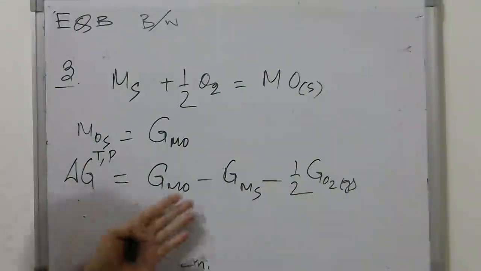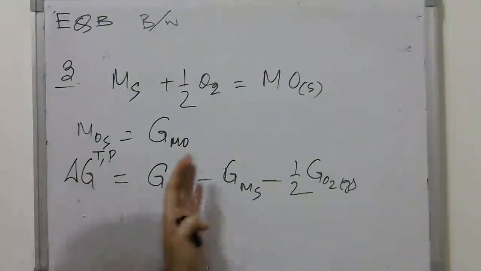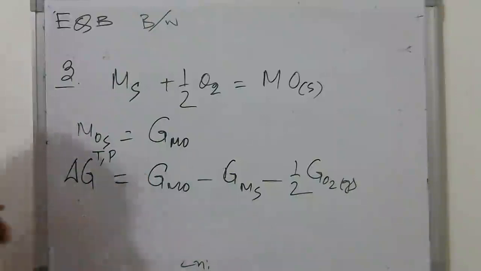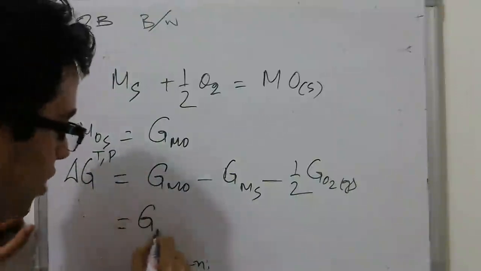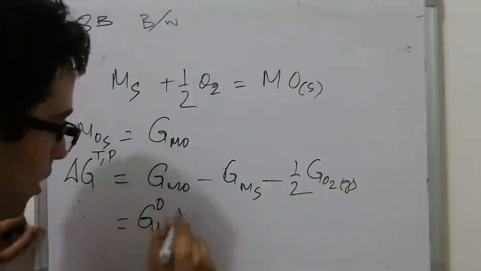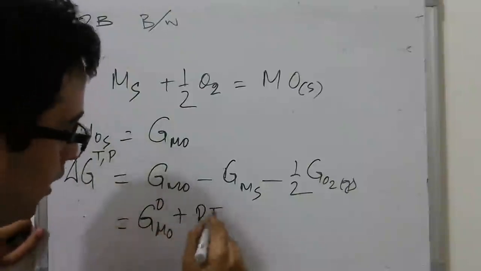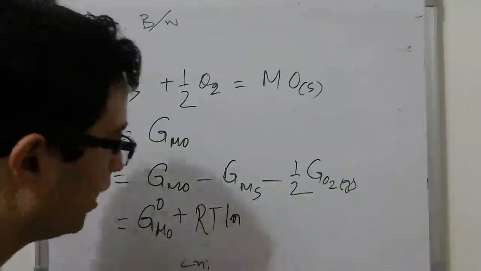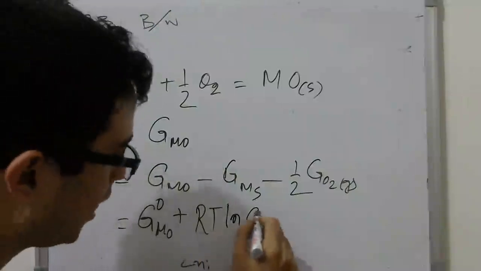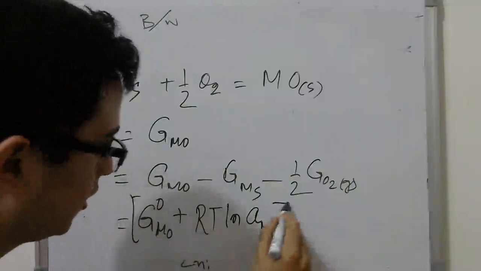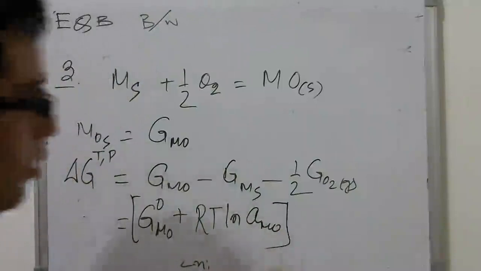Now to get this, we need to substitute individual equations. How do we do that? We do that as usual. For G MO, G0 MO plus, now this one is a solid phase, let's say if it is not a pure phase, so I will write RT ln A MO, right? This is the free energy.